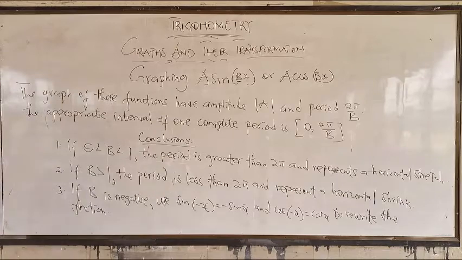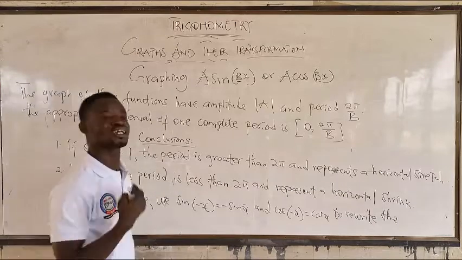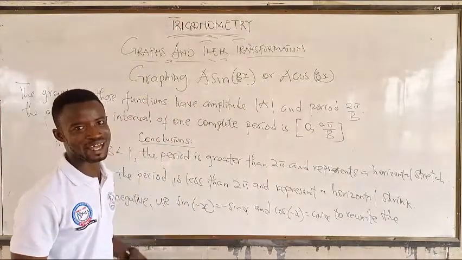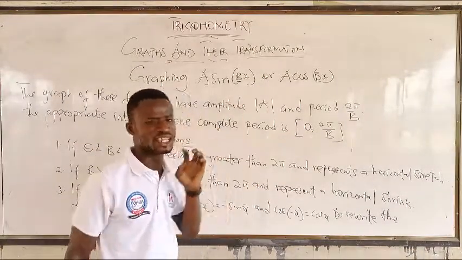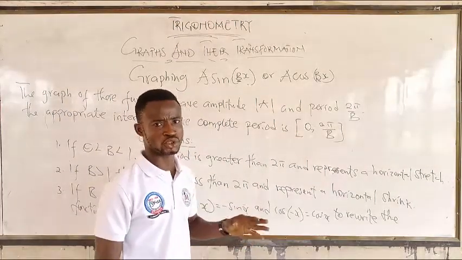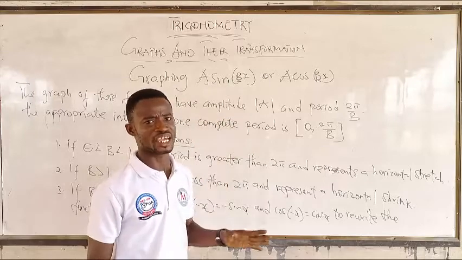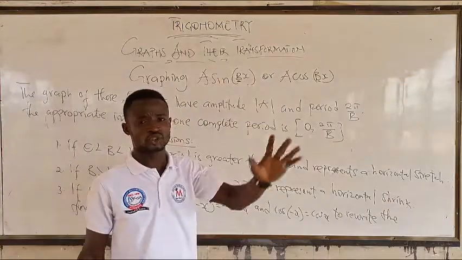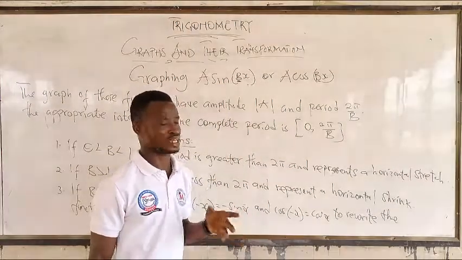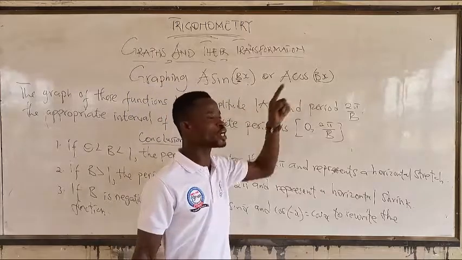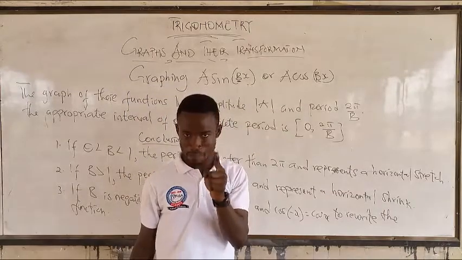We know that the period for sine is 2 pi, and the period for cos is 2 pi, but that is at the origin. Bear in mind that the amplitude is not the focus here because the amplitude will not affect the period. No matter what amplitude we have, it will never affect the period. But what b is going to be can affect the period.